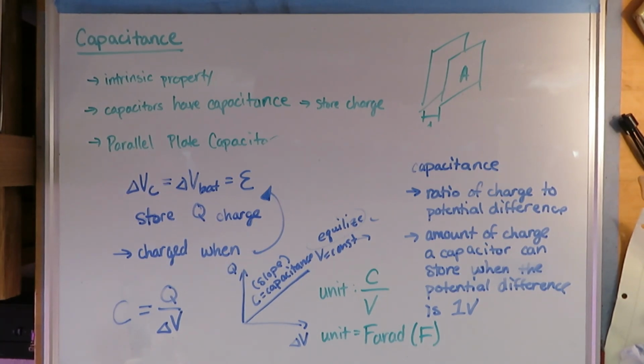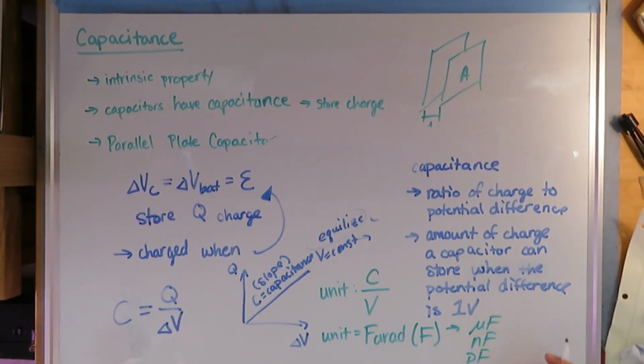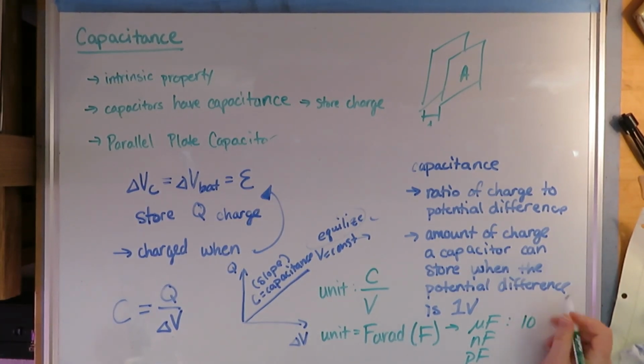Our capacitances tend to be very small, so they are represented in microfarads, nanofarads, and picofarads. Micro is 10 to the negative 6 farads, nano would be 10 to the negative 9th farads, and pico would be 10 to the negative 12 farads.